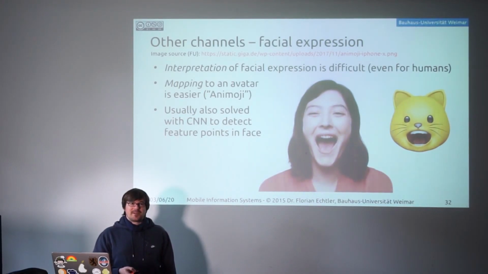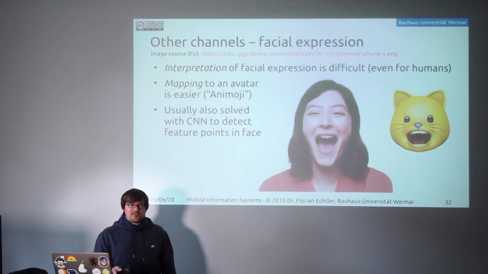And here this is a lot easier because you just need the geometric information about the user's face. And then you can more or less directly map them to the corresponding points on that avatar, that's a very straightforward computer graphics problem.